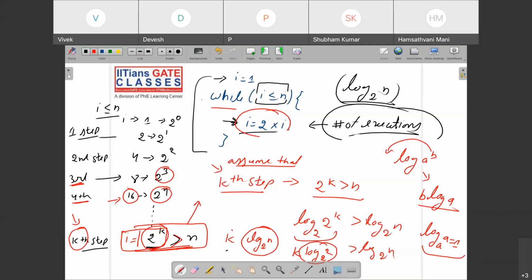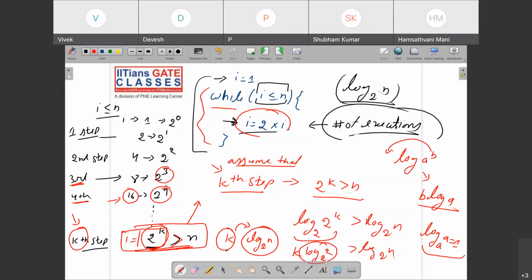And what is k actually? Can you tell me what k is? The number of steps. That is what we are looking for: the number of times this while loop executes. I hope now you can connect it: at the kth step, we have gone outside of the while loop, and the value of k is log base 2n.